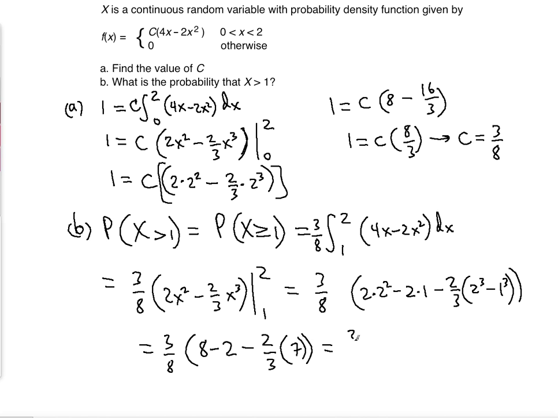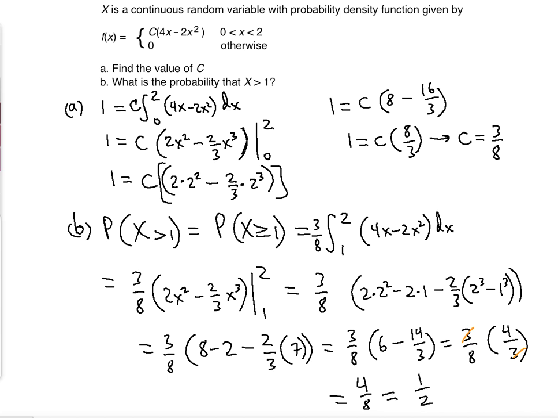So I will have 3/8 multiplying 6 minus 14 over 3, which gives me 3/8 times 18 minus 14, that's 4 over 3. As a result, I have 4 over 8, because the 3's cancel out. Now I have 4 over 8, which simplifies to 1/2. So that is your final answer.